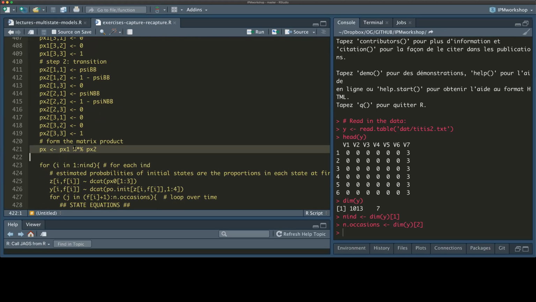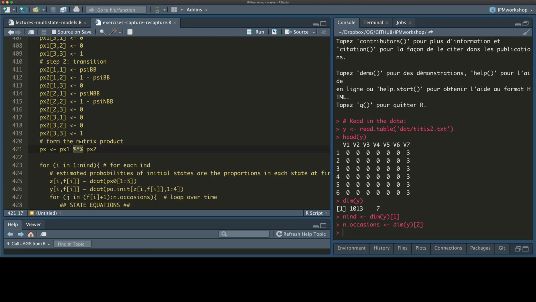It's nice to see it in terms of calculations in R and in the MCMC machinery. It's not really very clever to do that because the matrix product is demanding in terms of computation time.